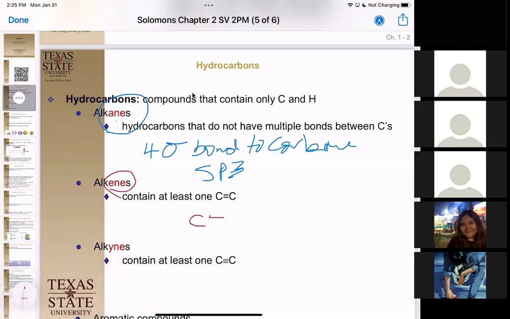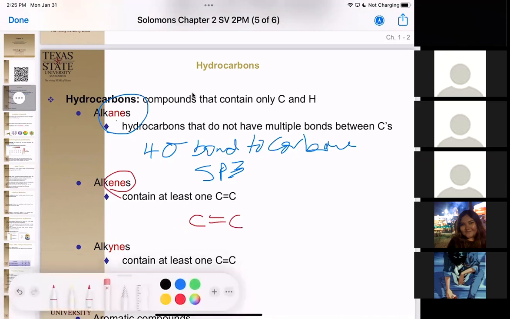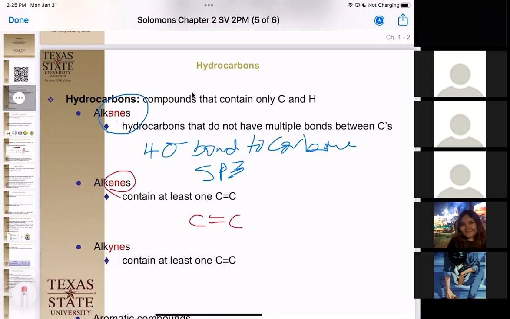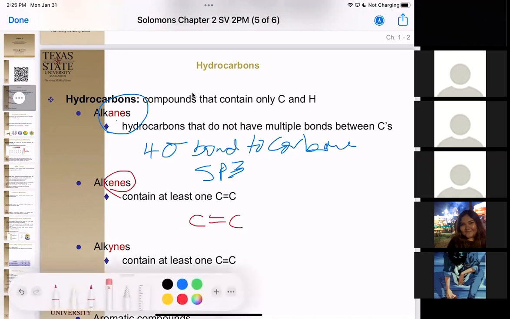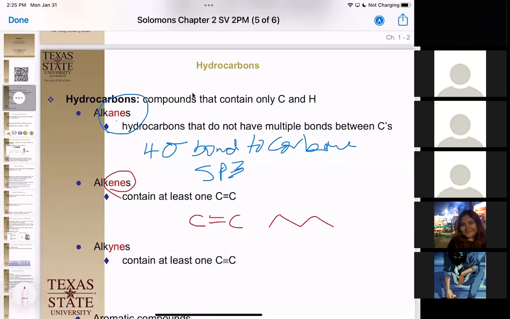That means you have at least one carbon-carbon double bond in your system somewhere. Does it mean only one? No, you can have multiples. If we go back to stick figures, you can have double bonds here and here. If you have one carbon double bonded to another carbon, which means it's sp2 hybridized, you have an alkene, E-N-E.